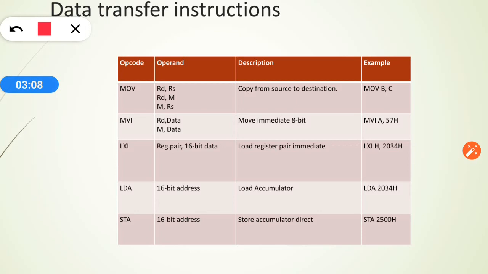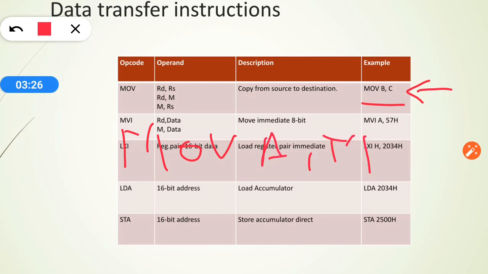In this example, MOV B comma C is the instruction, and the contents of the C register are copied to B, right? Suppose I write MOV A comma M. A is our accumulator register.